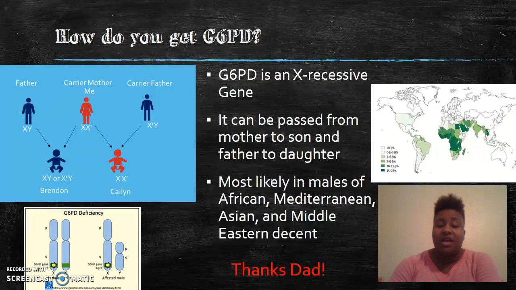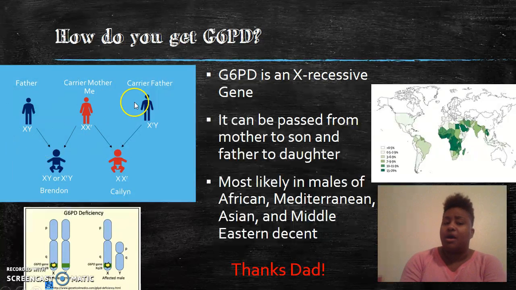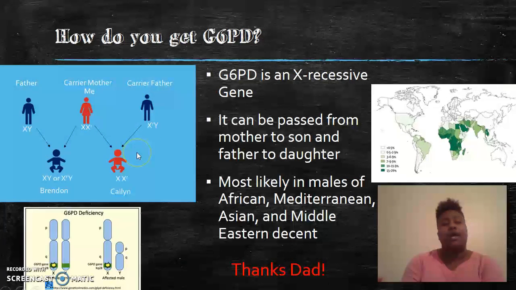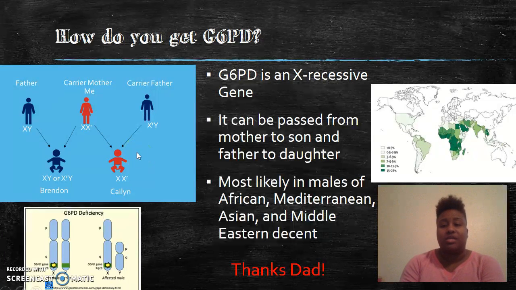So because I am affected, that means one of my parents, probably my father, passed it down to me. Thanks, Dad. Appreciate it. It's most likely in males of African, Mediterranean, Asian, and Middle Eastern descent. Because it passes to their daughters, and I'm also affected, I'm pretty sure Kaylin probably has it, and we have to get her tested for it.